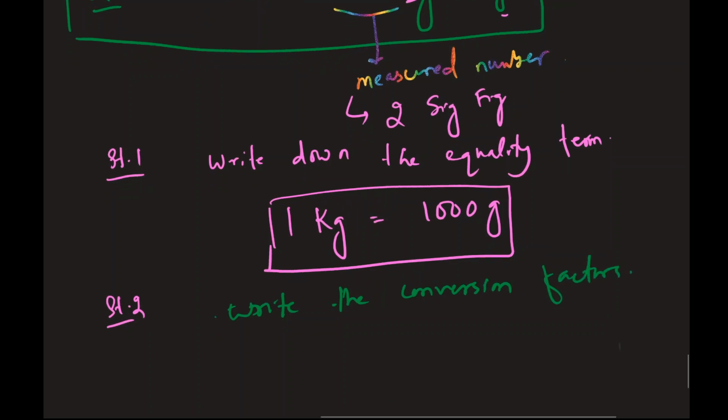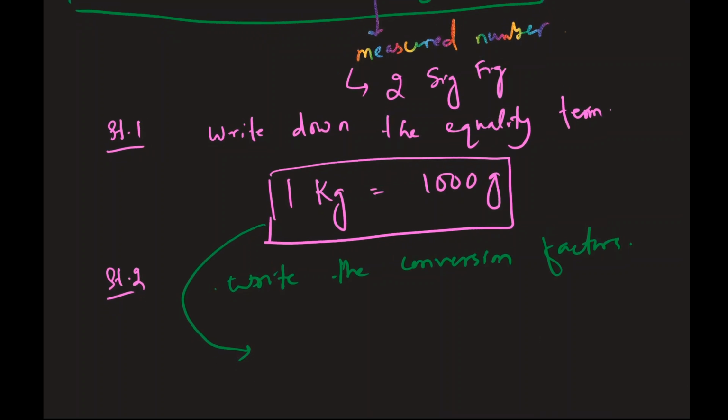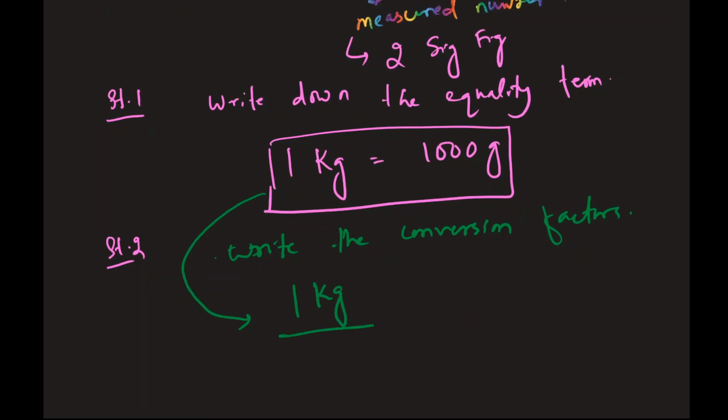For this particular equation, we're going to have 2 conversion factors. One would be 1 kilogram per 1000 gram, or I could have 1000 gram per 1 kilogram. So you're going to have 2 conversion factors.